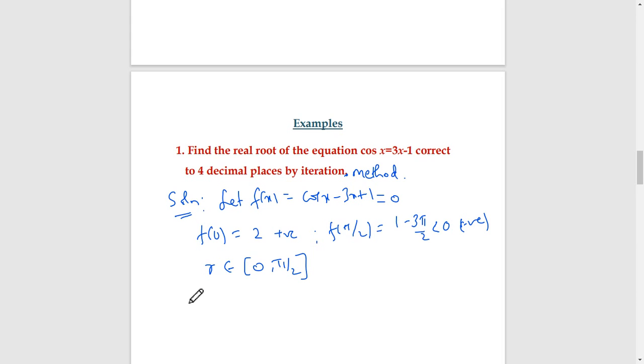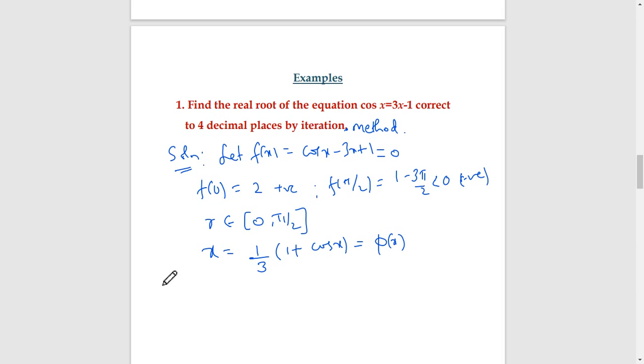So therefore, I am going to write the given function in the form x is equal to phi of x. That is x is equal to 1 by 3 of 1 plus cos x. So this I am going to take as phi of x. Okay. So also check phi dash of x. Phi dash of x is minus 1 by 3 sin x, and mod phi dash of x will be mod sin x by 3.